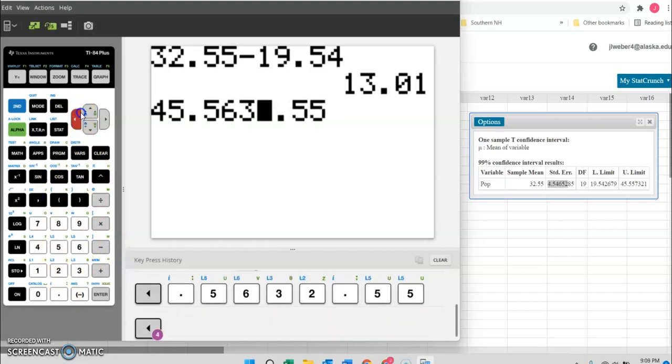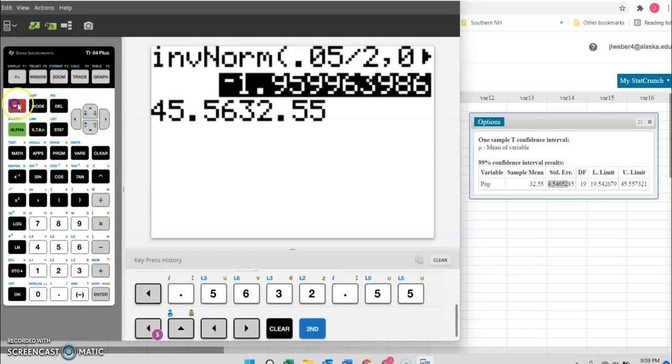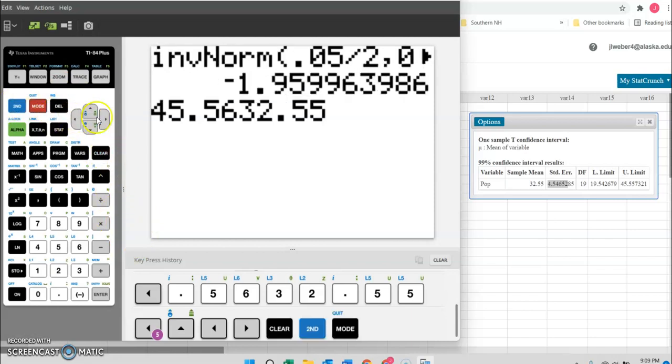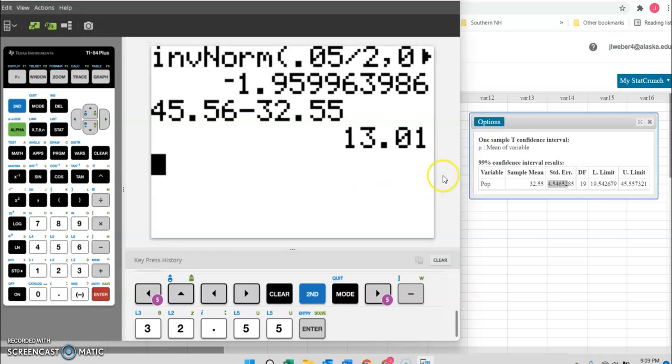I have to put in the right value. Okay, clear. Minus 32.55. There we go. And you can see this is the same 13.1. You should get it either way.